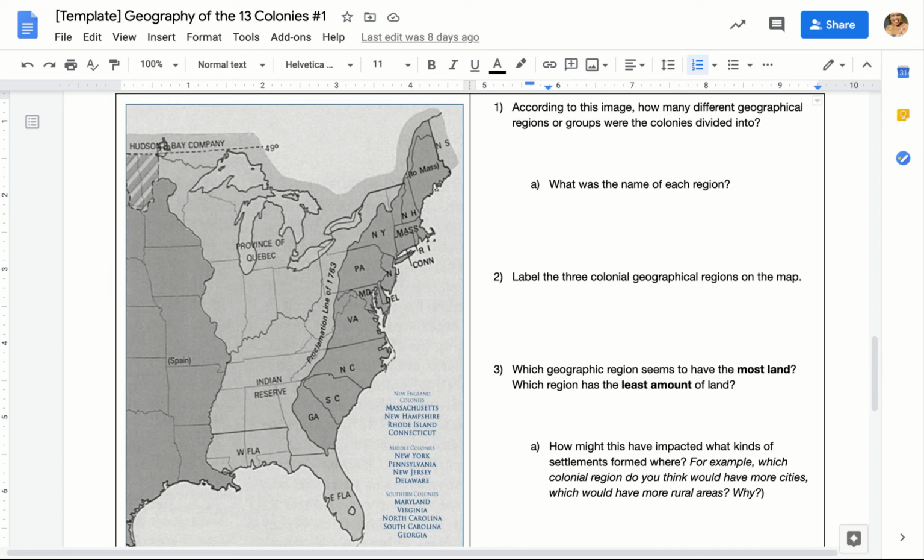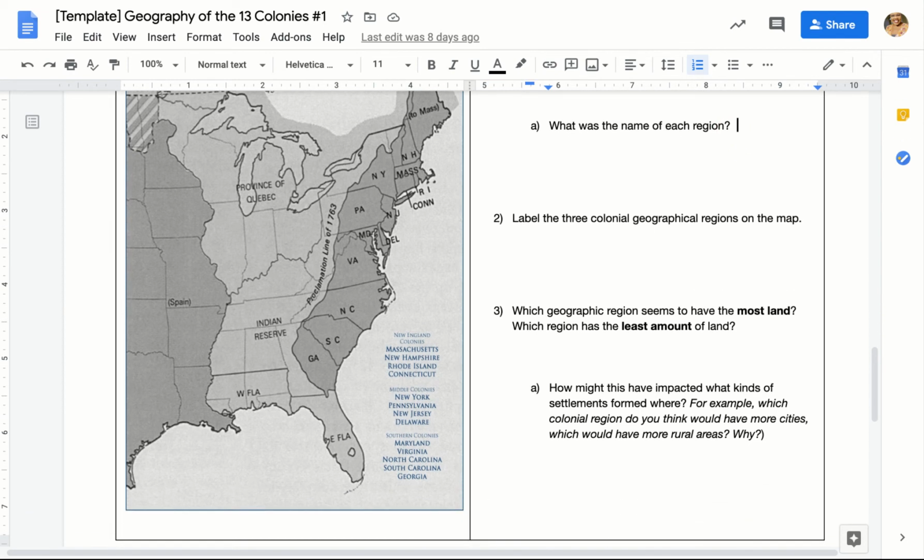Once you've come up with those three colonial regions, you're going to label the three colonial regions on the map. So obviously, you won't be able to do that, but you can tell me, okay, this region includes these colonies, this region includes these colonies, and this region includes these colonies. I think that's pretty straightforward.